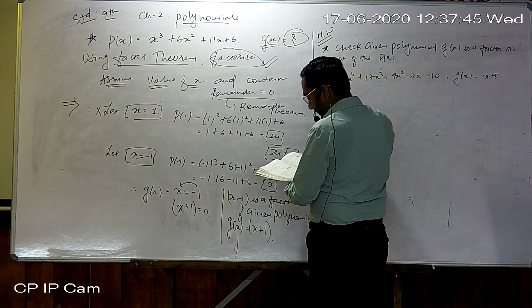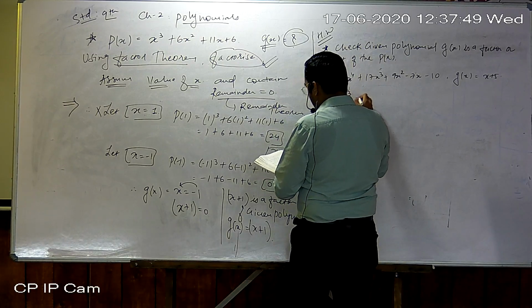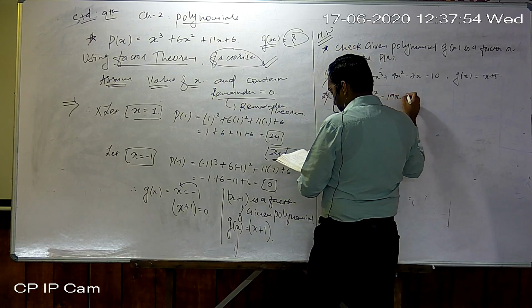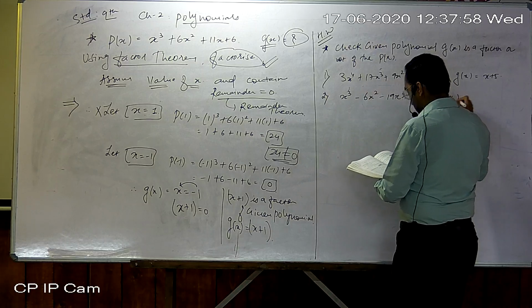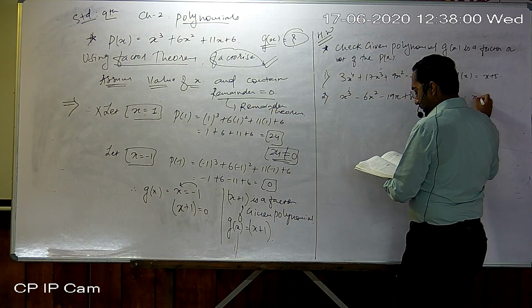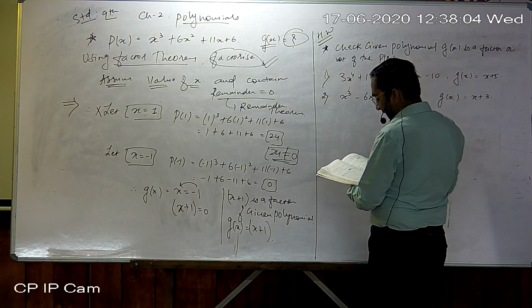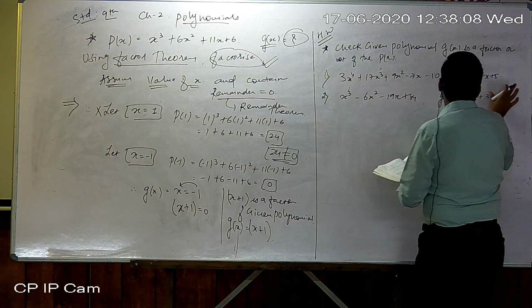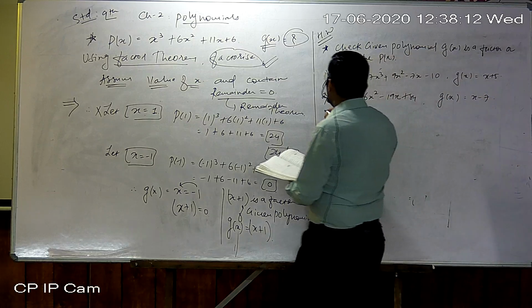Second question is x cube minus 6x square minus 19x plus 84, and my g of x is x minus 7. Sorry, my g of x is x minus 7.